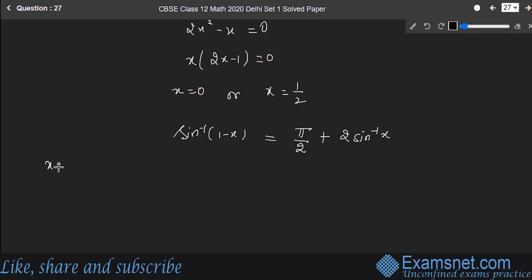If I take x is equal to 0, this will be sine inverse 1 is equal to pi by 2 plus 2 sine inverse 0.